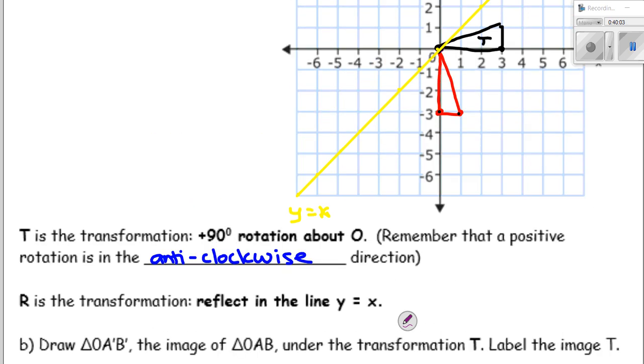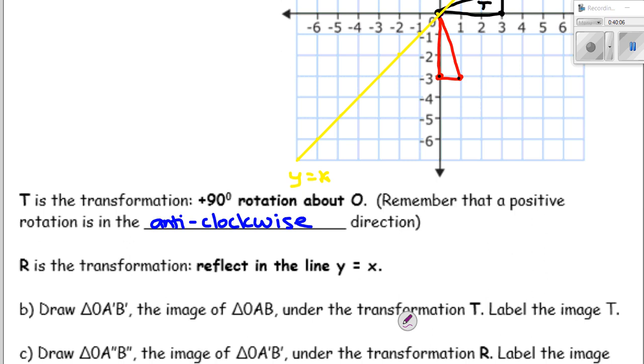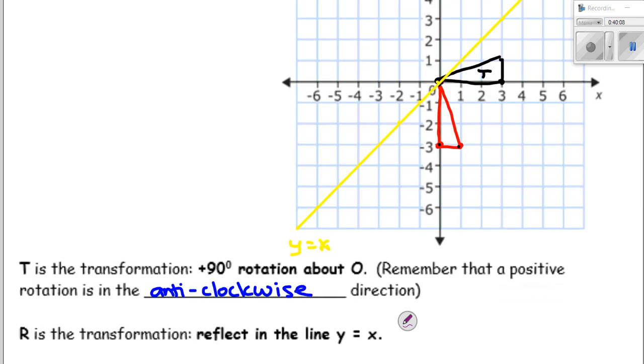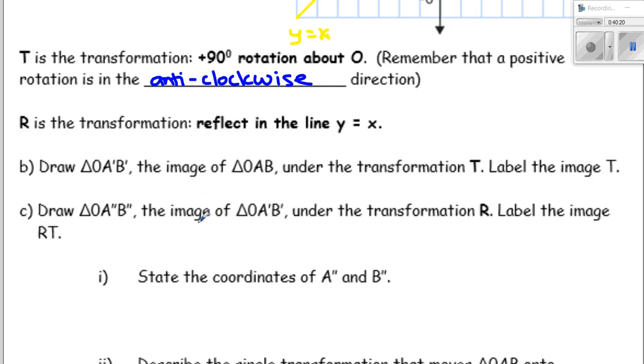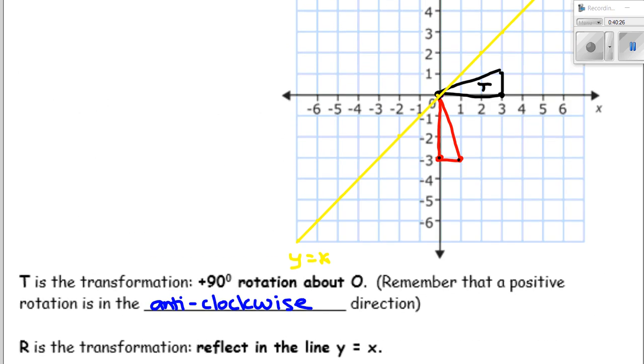So from the black one, we've got to now make R. Just check, sometimes they want you to use a red one, but they asked us to do O, A', B', and they want us to transform this one. That's what the question said, and then make it into this. So R is reflection across this line, y equals x.